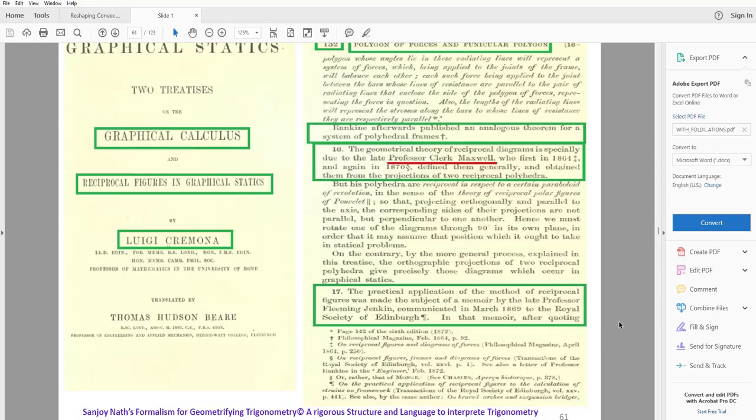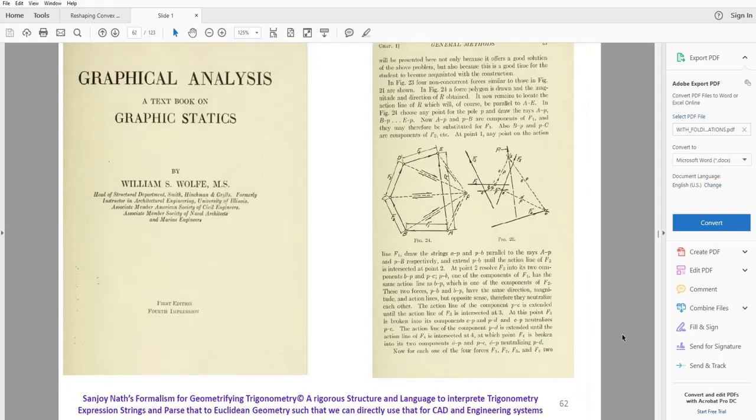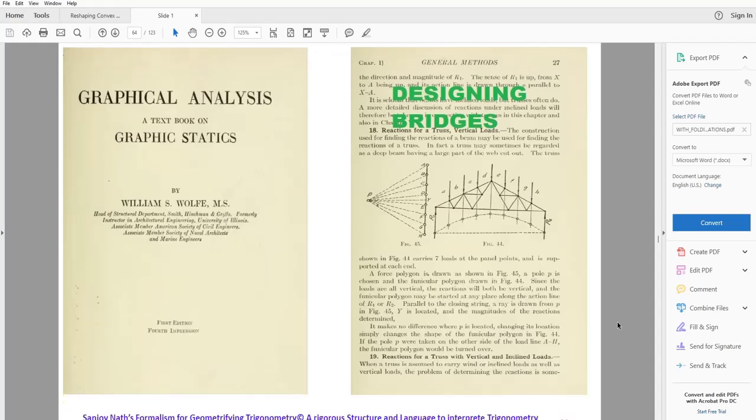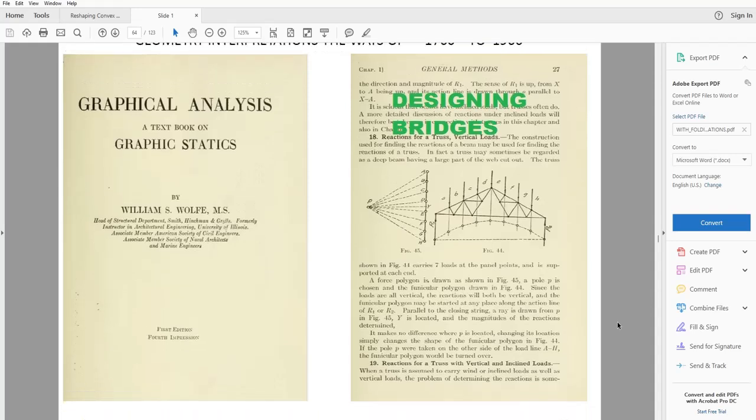During 1860 to 1890 these methods were used to design structural engineering things, to calculate the Eiffel Tower problems and the bridges designed just before the Howrah Bridge and before the Rabindra Setu.